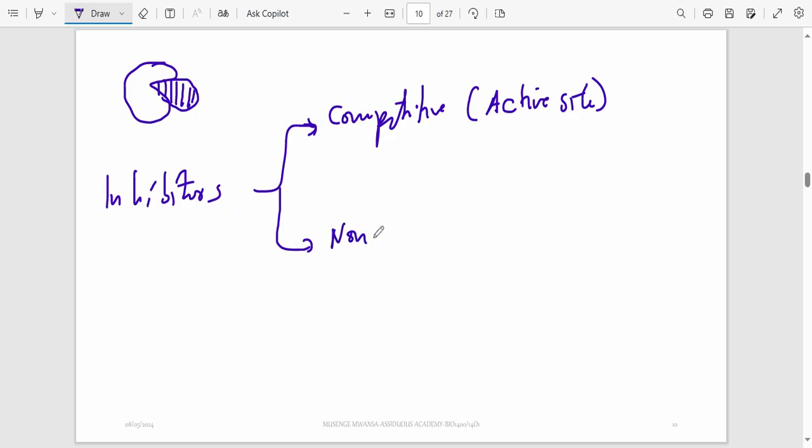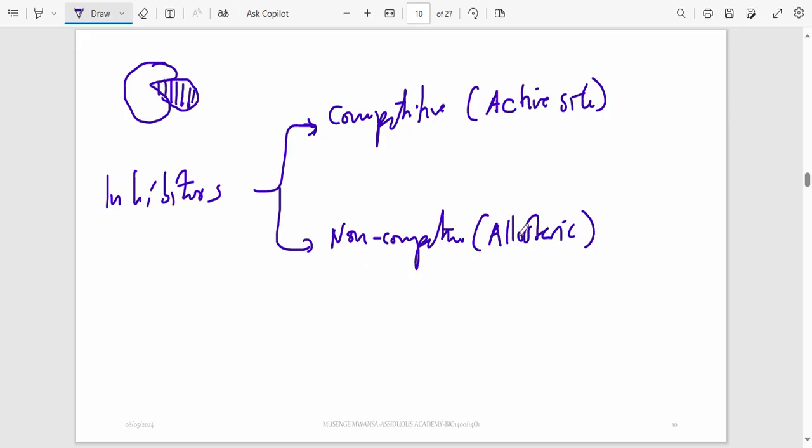But when you are talking about non-competitive inhibitors, these will bind to another site, which will not be the active site. They will bind to the allosteric site.